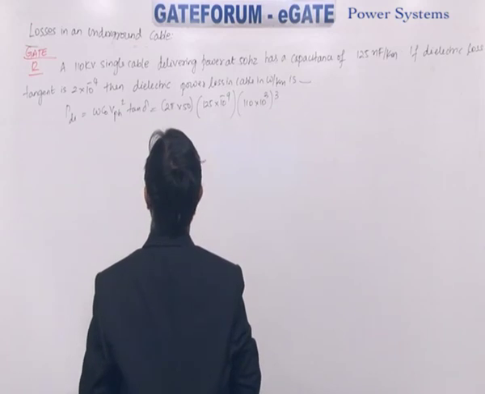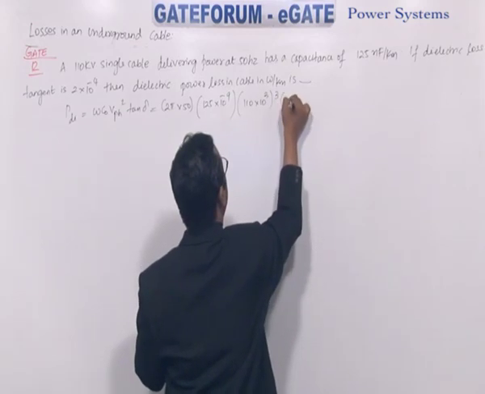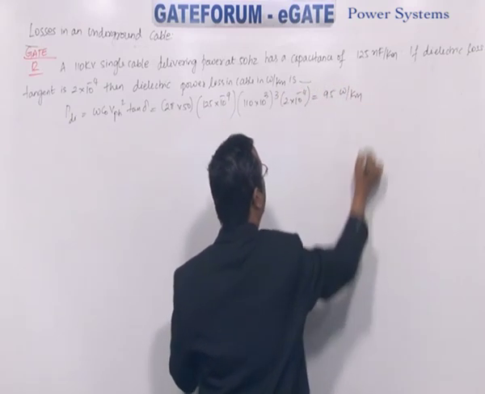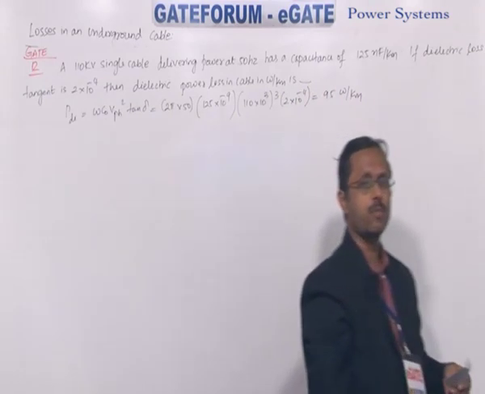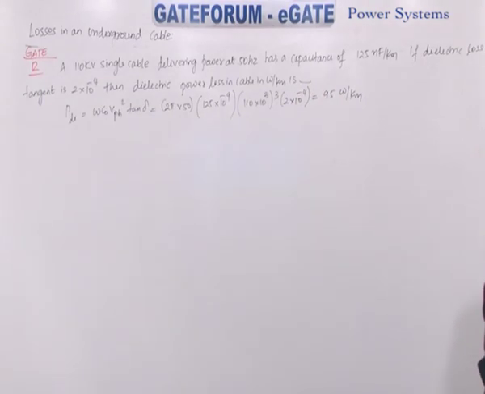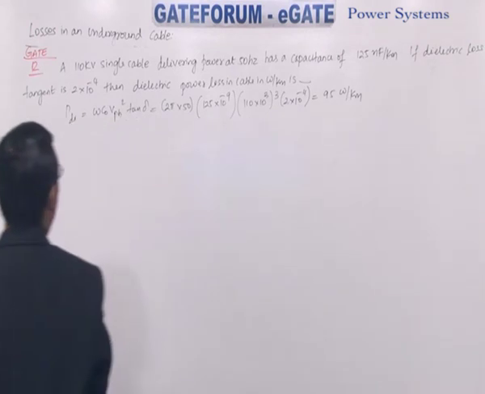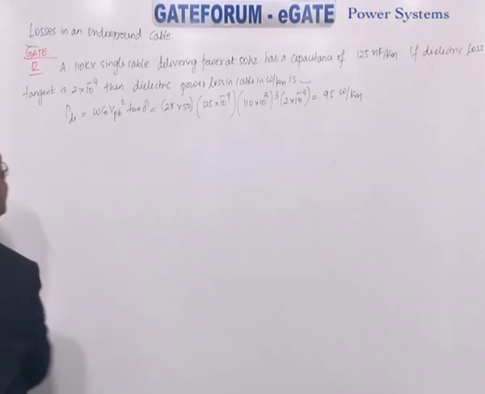And tan delta is 2 into 10 power minus 4. On simplifying this, you get 95 watts per kilometer. So this is how you calculate the dielectric power loss here.